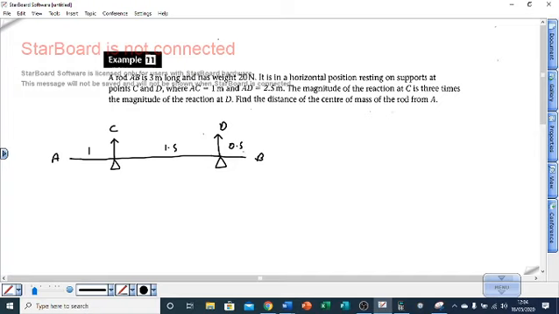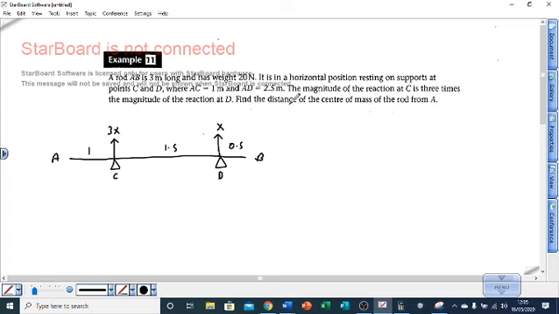I might have to worry about some of these in a bit. The magnitude of the reaction at C is 3 times the magnitude of the reaction at D. So if I call D x, and call the D down here and the C there, then this would be 3x.